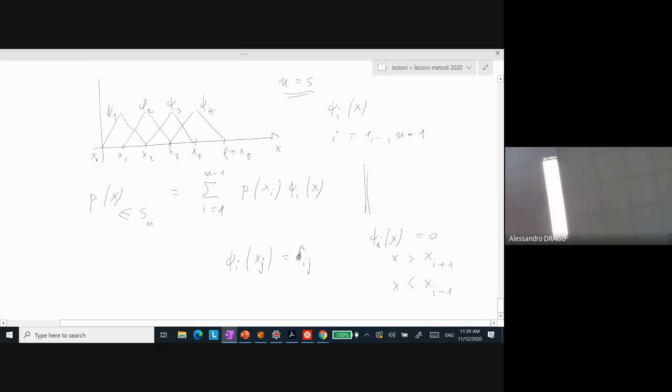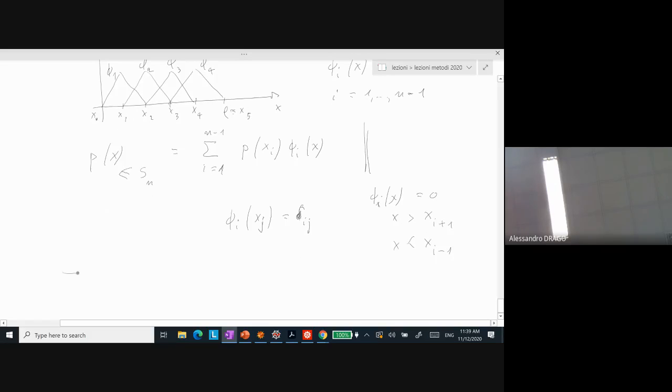Well, it is very easy, because recall that these functions p of x are completely defined by the values that the function takes in each of the points of the grid, because in between the points of the grid, by definition, they are linear. So the only thing that I need to check is whether this expression provides for each of the points of the grid the right value.